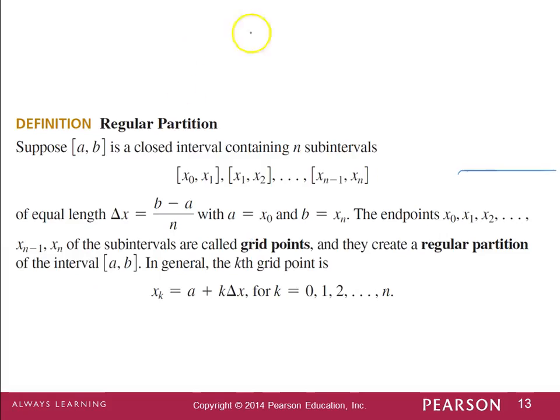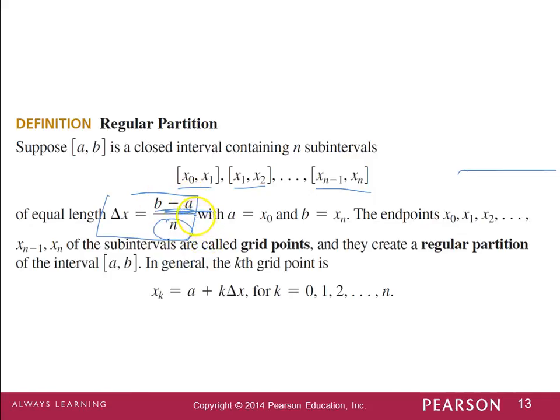And so we get these subintervals: x0 to x1, x1 to x2, all the way up to x sub n minus 1 to x sub n, where once again n is our number of subintervals. Delta x is equivalent to our interval width divided by the number of subintervals, so we have b minus a over n.